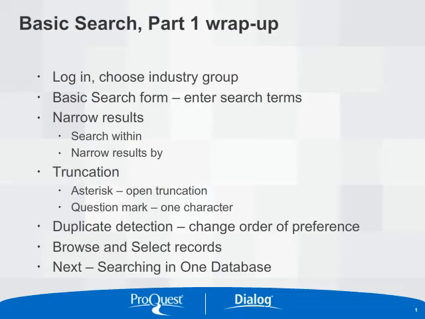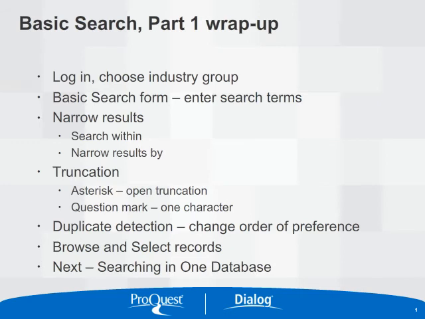This ends Part 1 of ProQuest Dialog Introduction to Basic Searching. We logged on to ProQuest Dialog and chose the Engineering and Technology Industry group of databases to search. We entered search terms on the basic search form. We learned how to narrow results by using search within and narrow results by features.